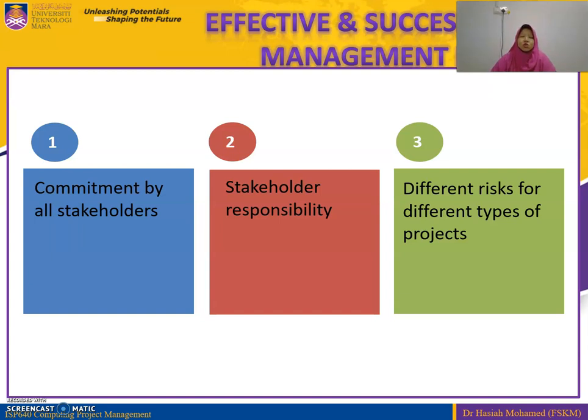We need to remember that each project is normally unique and has different types of risks. Maybe some risks are common in any project, but there are specific or different risks for each project that we are involved in.